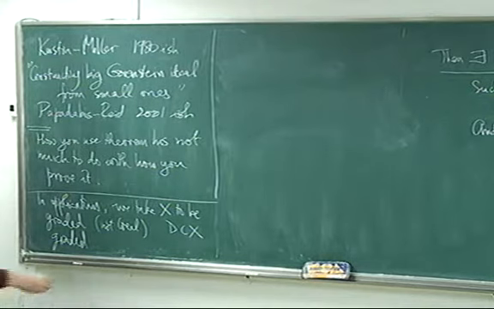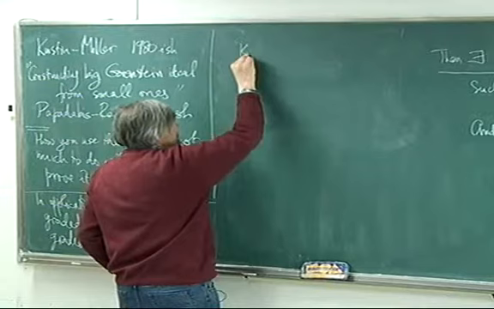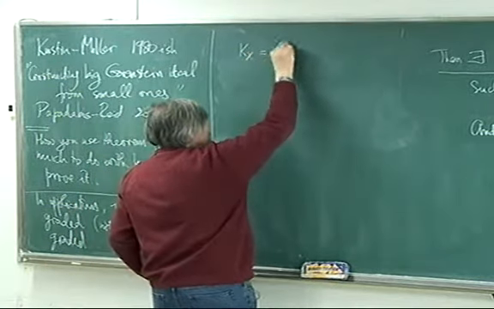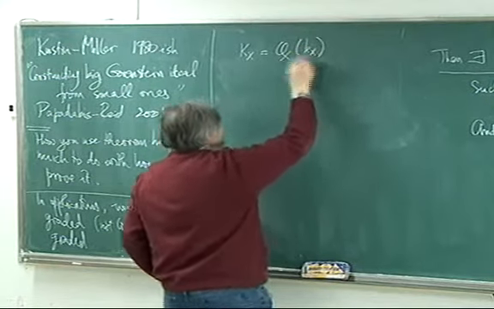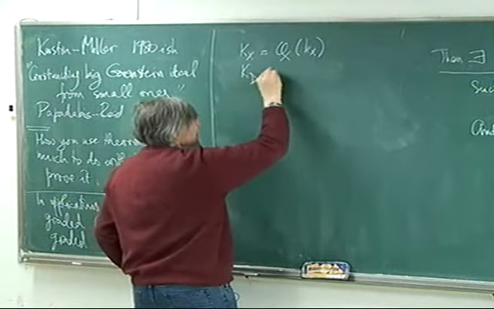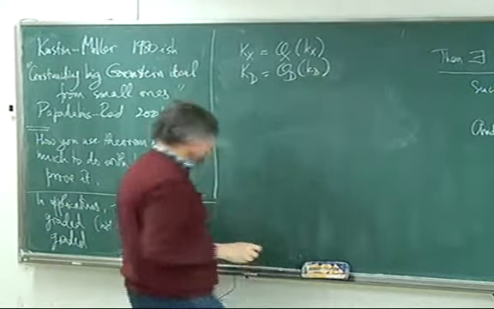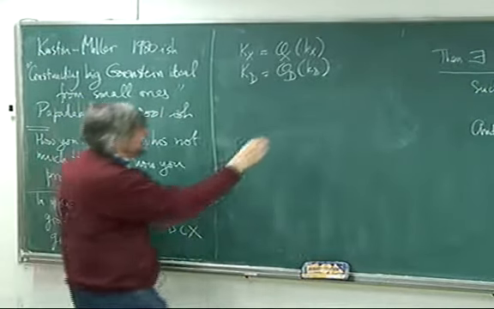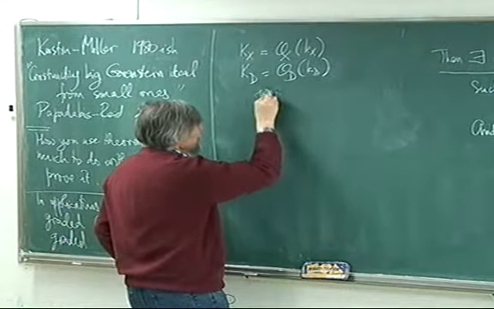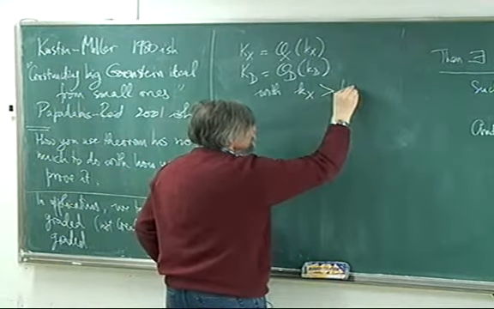And then there's going to be an extra condition that I want. K_X is O_X of some number K_X, and K_D is O_D of some K_D. It's completely essential to be able to do this in the graded context with K_X greater than K_D.